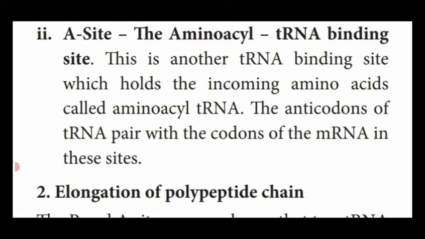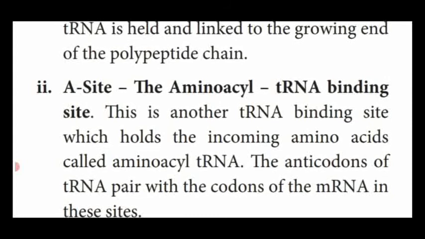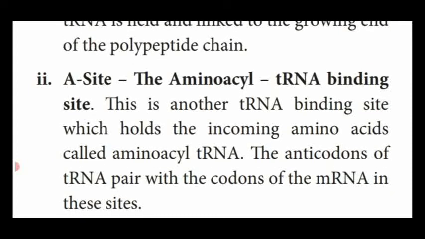The two tRNA sites are the P site, or the peptidyl tRNA binding site, which is attached to the polypeptide chain region, and the A site, or the aminoacyl tRNA binding site, which holds the incoming amino acid from the tRNA. So this is all the initiation process of the translation process.